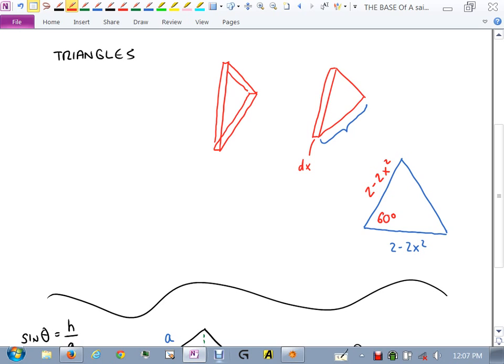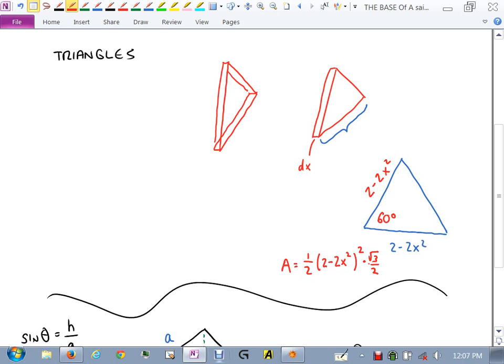So the area of that little triangle is 1/2 A times B. What's B? Same thing, so square it. What is sine of 60 degrees? √3/2.